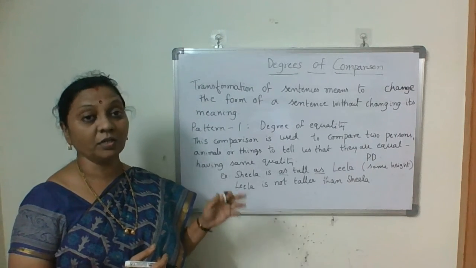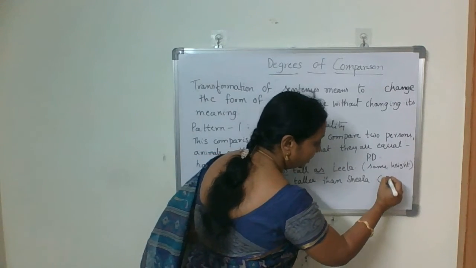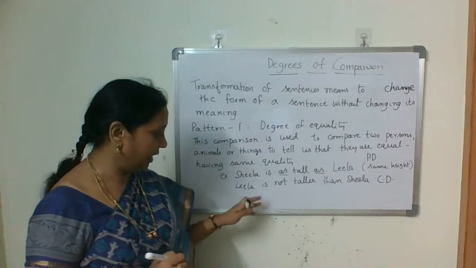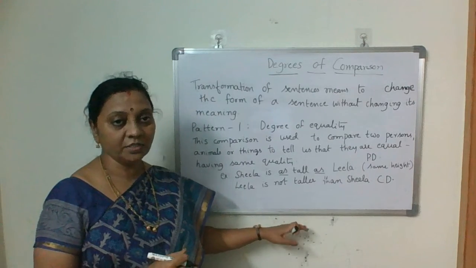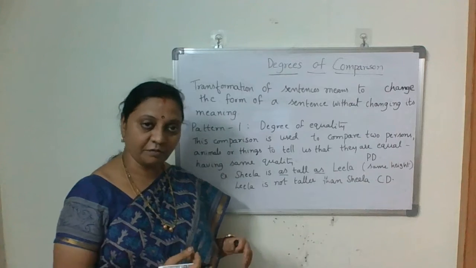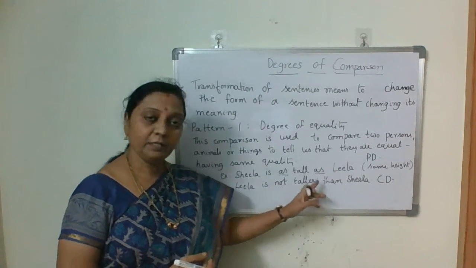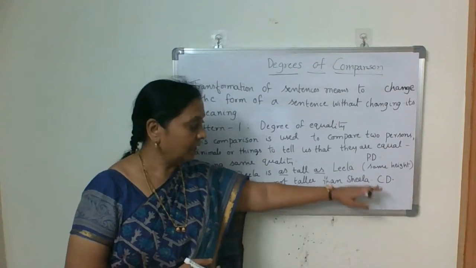Leela is not taller than means you are saying that both are of same height, but you are using comparative degree. CD means comparative degree. So Leela is not taller. Because it is comparative degree, you have to go for the ER or EST forms that we have learnt in the last video. Leela is not taller than Sheila.